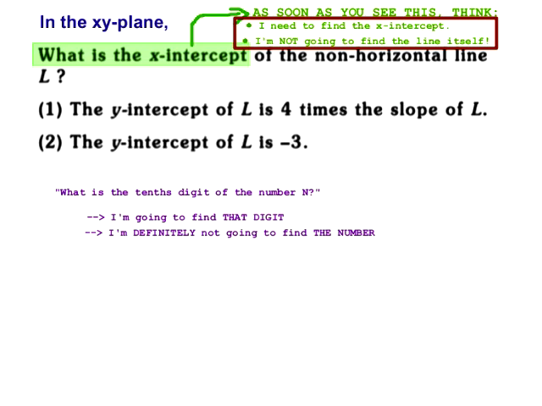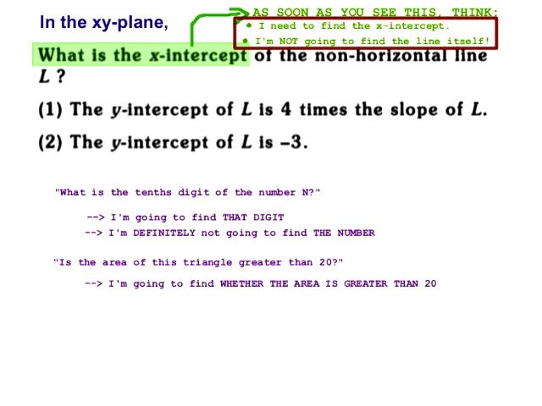If you see something like, is the area of this triangle greater than 20, you should think that you're going to find whether the area is greater than 20, but you are definitely not going to find the area itself.